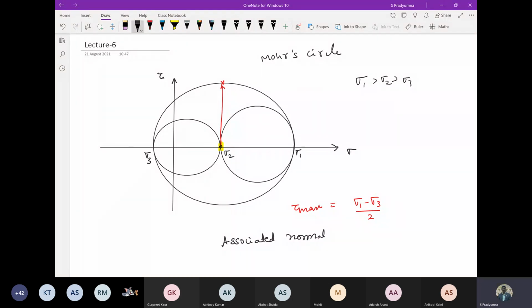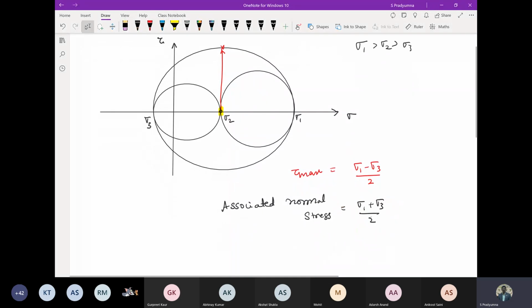That is the center of the Mohr circle, right? That having radius sigma 1 minus sigma 3 by 2. Associated normal stress is equal to sigma 1 plus sigma 3 by 2. So that means if I take a plane in which I get this maximum shear stress, for example, this is the particular plane I am talking about.